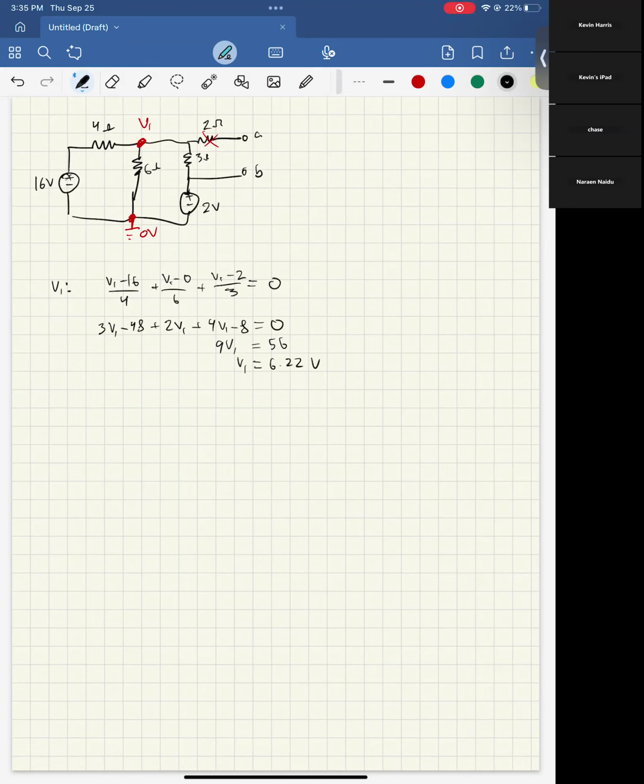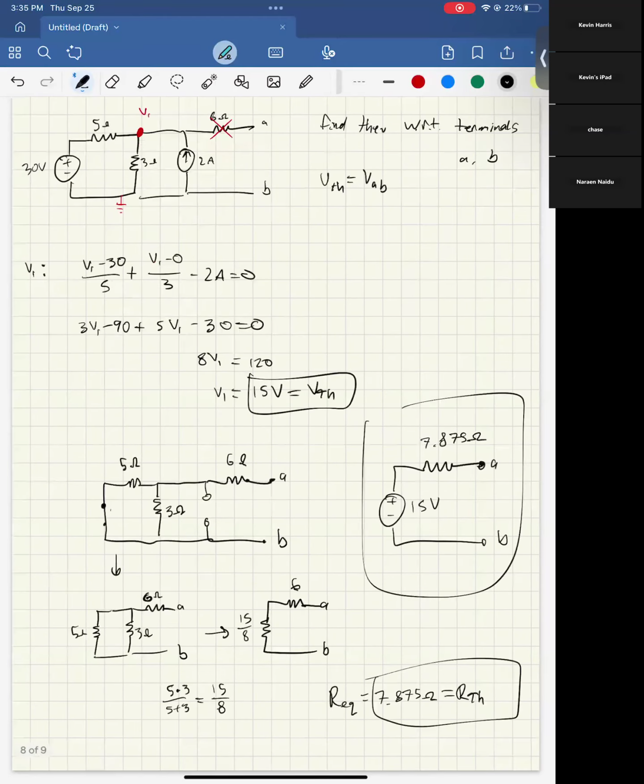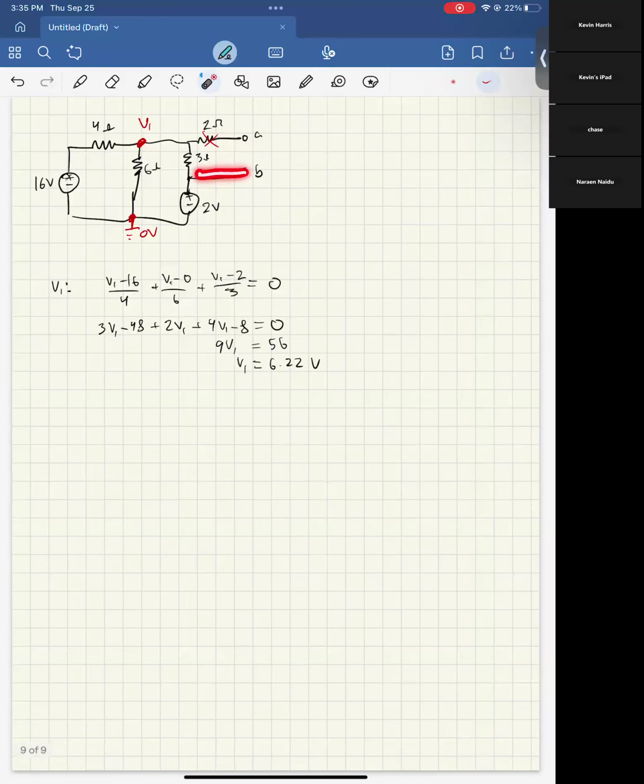Now that we have that, we can't just say that V1 is equal to VAB this time because B is no longer, if we look at the last question, right, our B was connected to what we defined as 0 volts, whereas this time it is not. However, we do know what this voltage is because there's just a voltage source here. If we're at 0 volts at that point and then we have a 2-volt voltage source, then it's just going to go up 2 volts from 0, which gets us 2 volts, right?